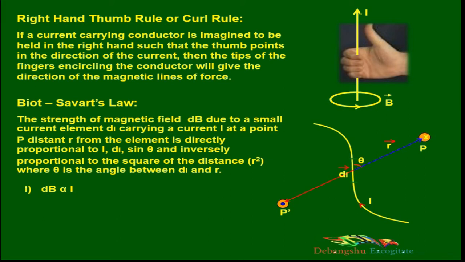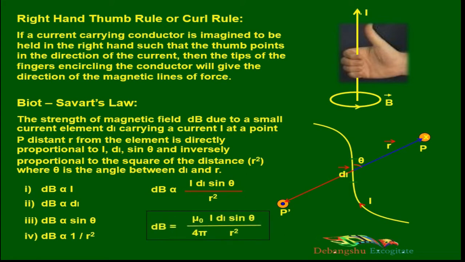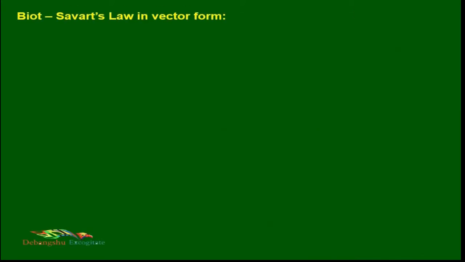I give the points in a mathematical way. dB is directly proportional to I, directly proportional to dl, directly proportional to sine theta, and inversely proportional to r square. So dB is proportional to I dl sine theta by r square. The constant of variation is mu naught by 4 pi, whose numerical value in the SI unit system is 10 to the power minus 7.